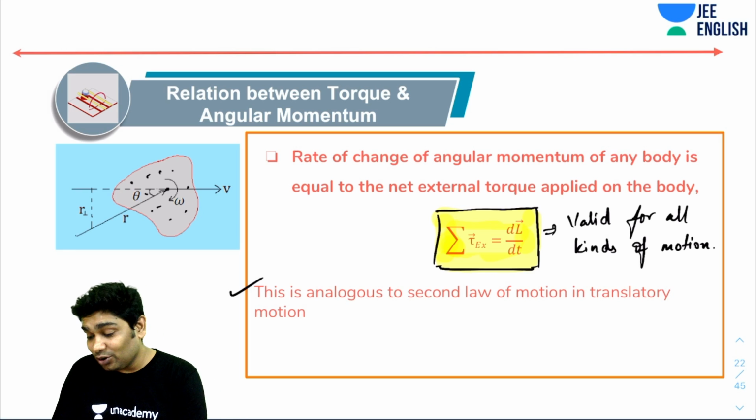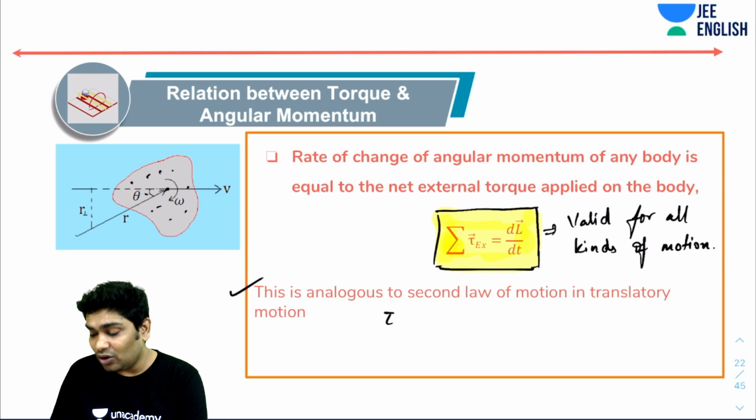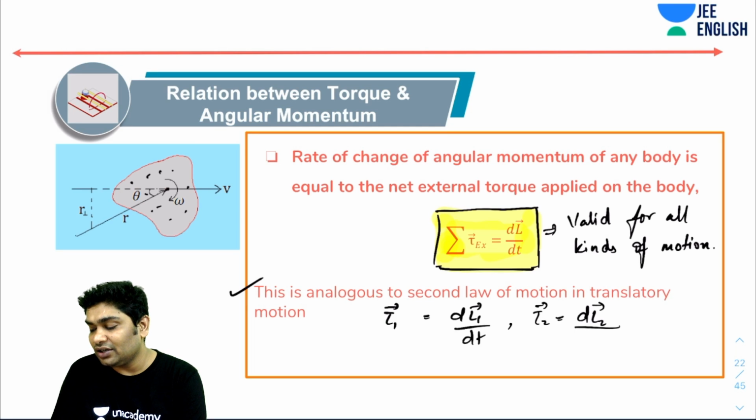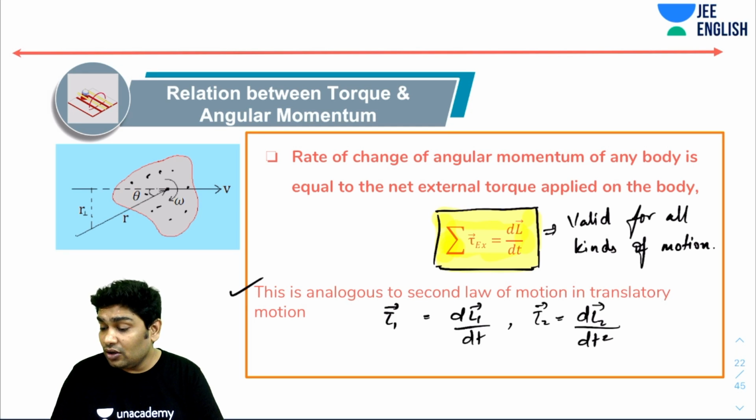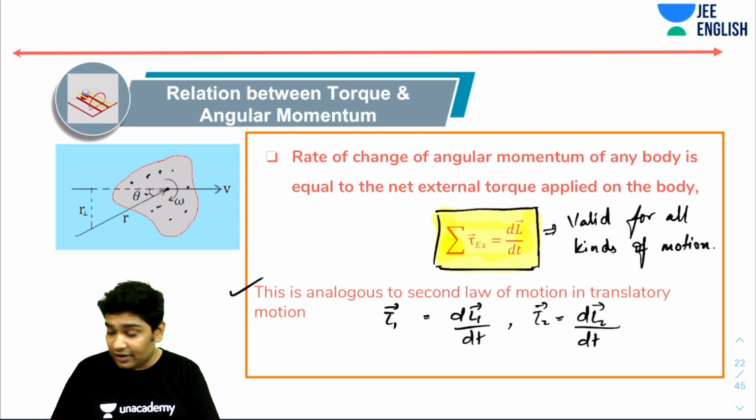See, what I'm trying to do here is, if I had a system of particles, and on one the torque acting was tau one, so all I would have written was tau one equals dL1 by dt. Okay, and then I would have written tau two equals dL2 by dt, and so on. I would have just written the torques on all the individual particles and then added them.